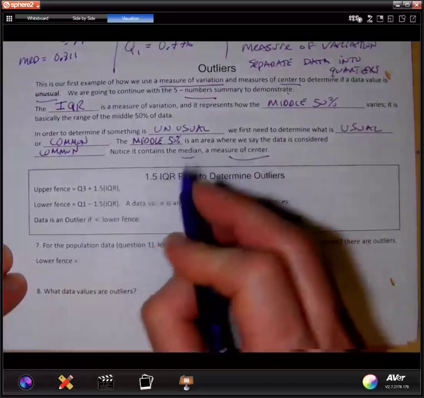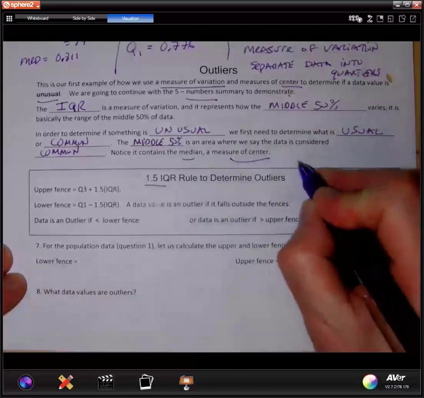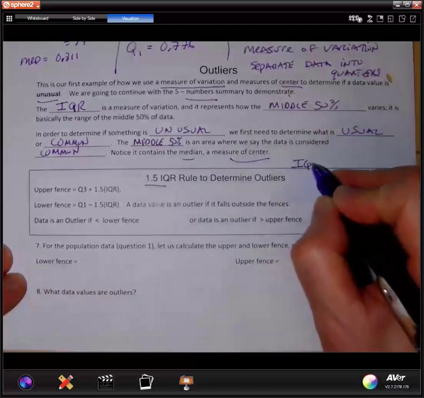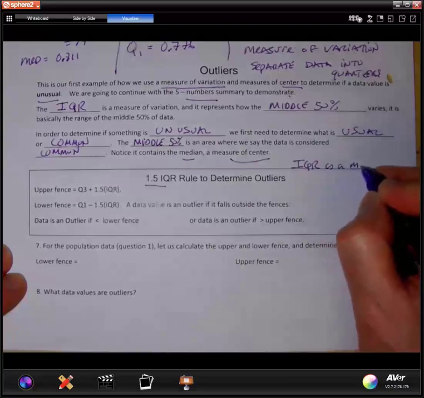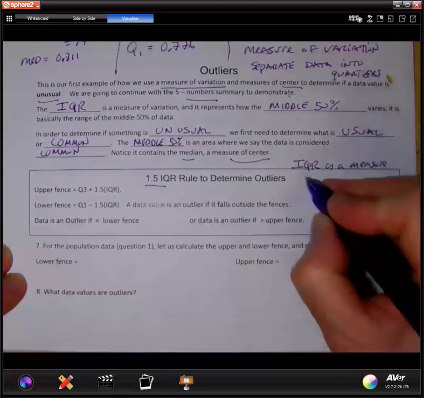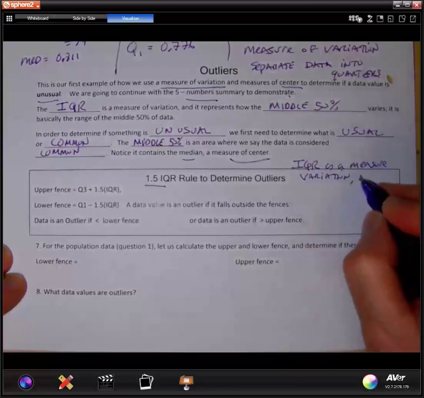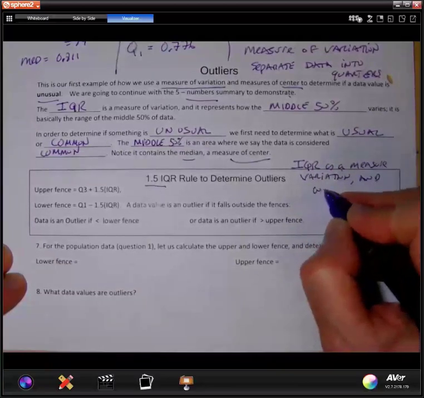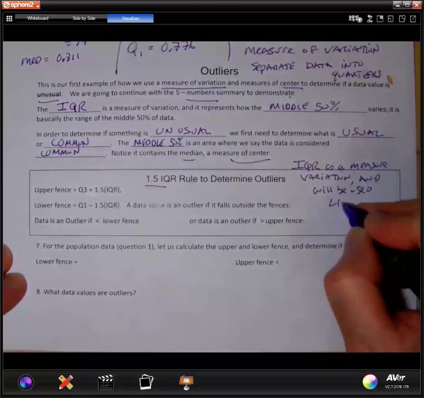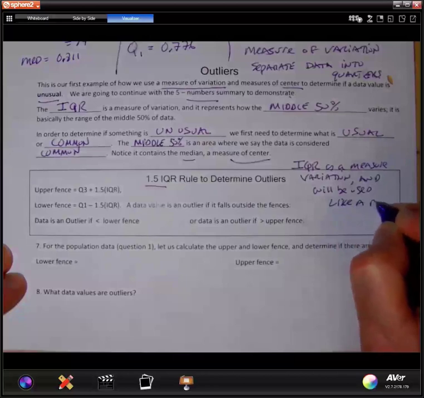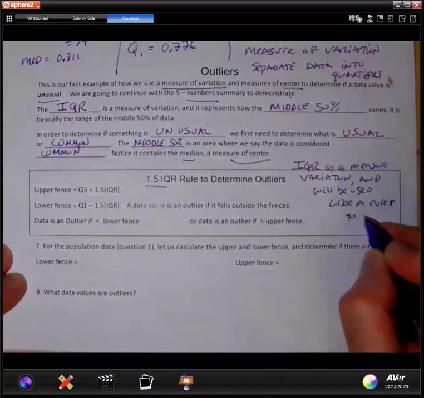So we have this thing called the 1.5 IQR rule. One thing we want to emphasize is the IQR, again, is a measure of variation, and it will be used like a ruler. Think of it like a ruler to determine distance.